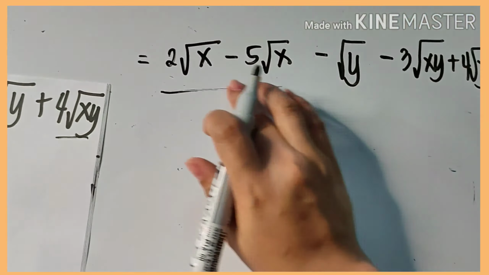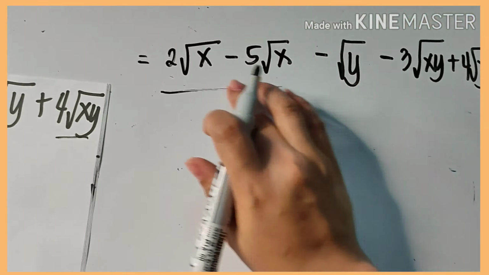So we finally combined our expression. Now let's do the operation. We have here 2 minus 5 square root of x. Just copy the minus square root of y.